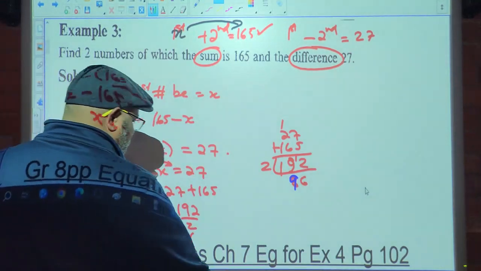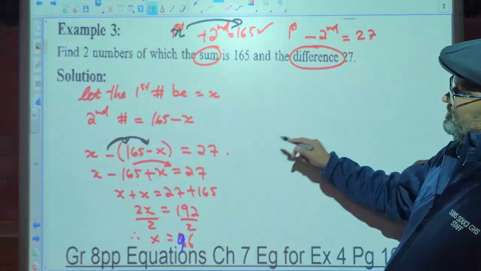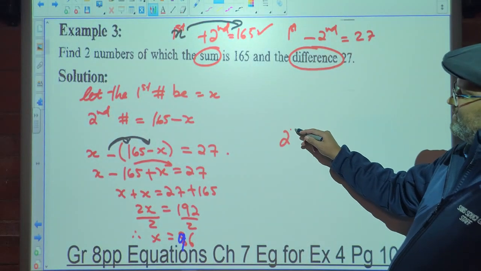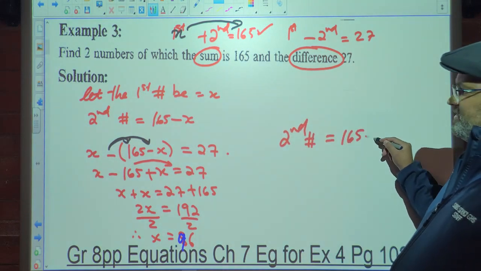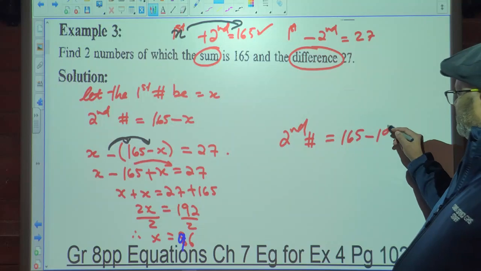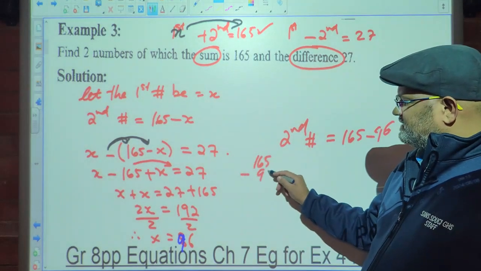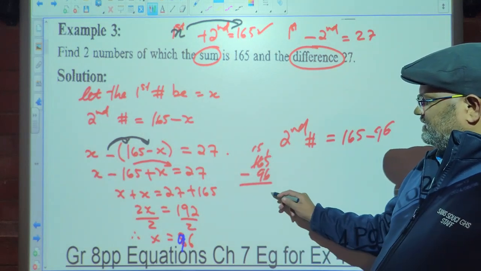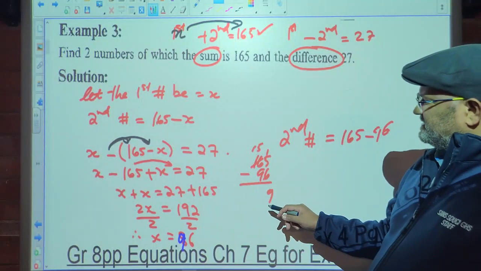So what will the second number be? The first number is 96, and of course the second number is going to be 165 minus 96. Okay, so 165 minus 96, that gives you 15, carry 1, it's 9. 15 minus 9 is 6.